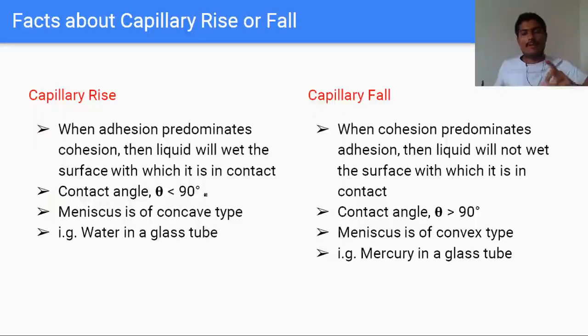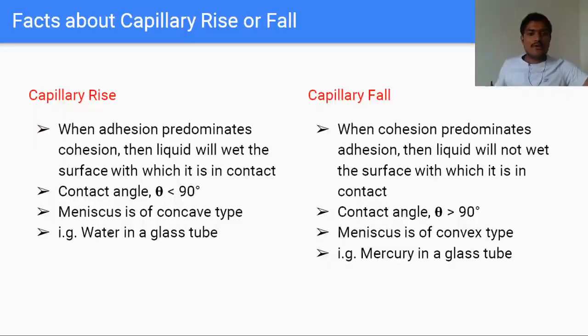Whenever there is a capillary rise, and we have to determine whether that liquid will wet the material in contact with it, the answer is, if the contact angle is less than 90 degrees, it will surely wet the surface. But on the other hand, if that contact angle theta is greater than 90 degrees, the liquid will not wet the surface.